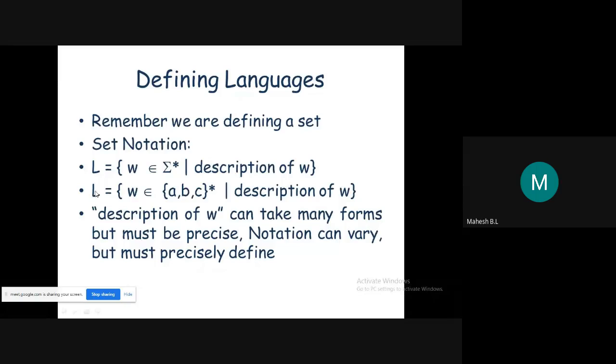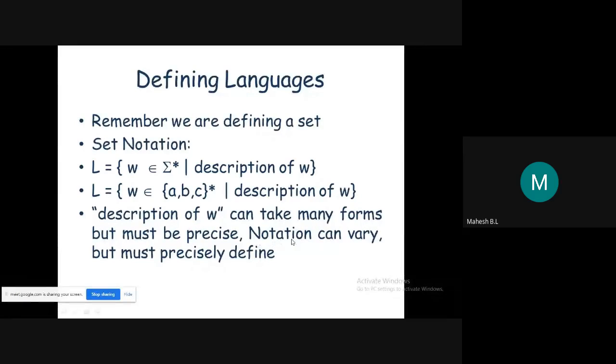Okay. In another way of representing, instead of writing sigma, we can write what are the symbols present in sigma. For example, if sigma is equal to abc, then we can write a comma b comma c. So instead of sigma, I am writing all those symbols which are there in sigma. So the description of w can take many forms but must be precise.